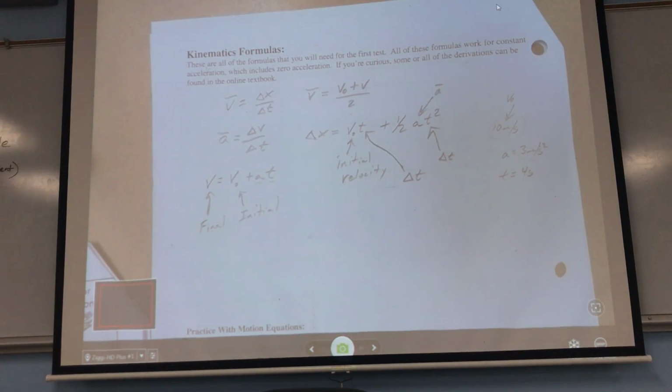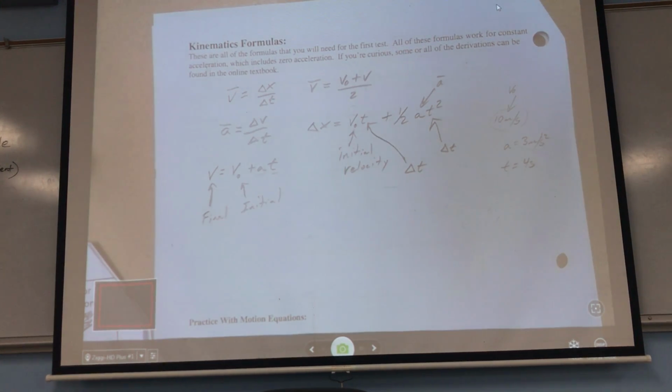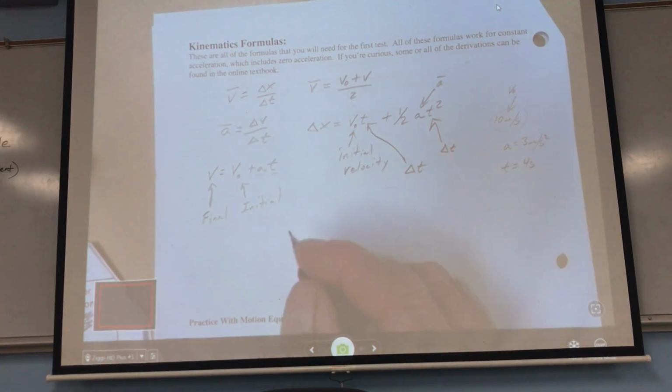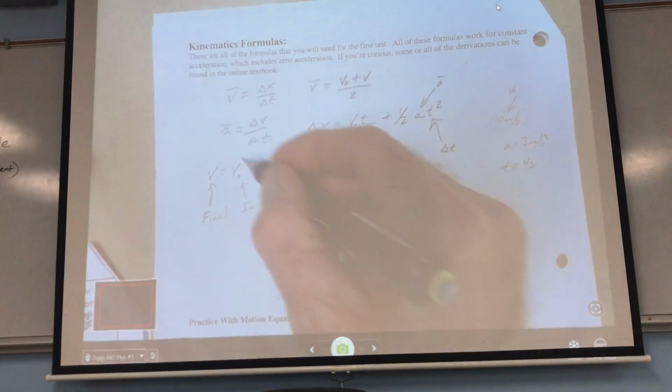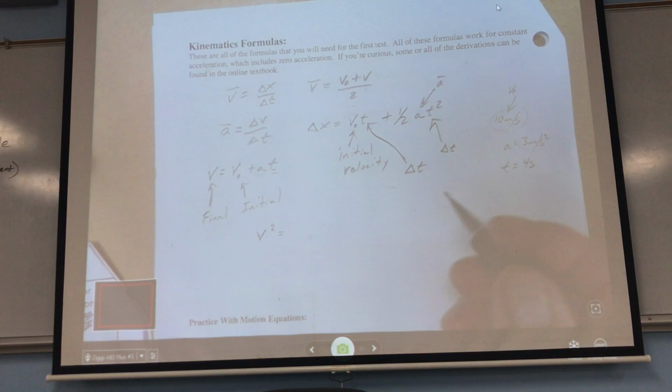And then there's one last formula that I used to not find very useful, but I just didn't mind using the quadratic formula. You don't really need this formula if you don't mind using the quadratic formula all the time. But somebody did the work. They took the existing formulas and solved for other things.